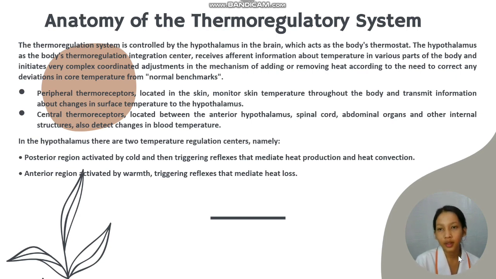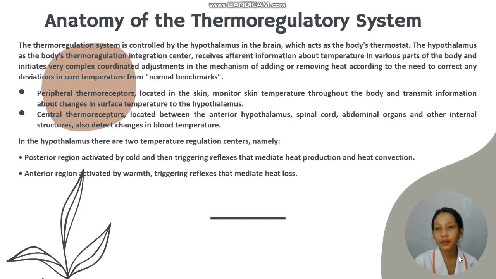Peripheral thermoreceptors, located in the skin, monitor skin temperature throughout the body and transmit information about changes in surface temperature to the hypothalamus. Central thermoreceptors, located between the anterior hypothalamus, spinal cord, abdominal organs, and other internal structures, also detect changes in blood temperature.